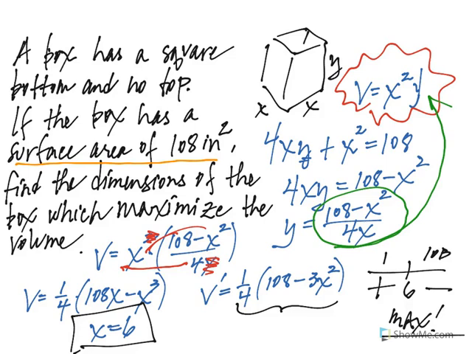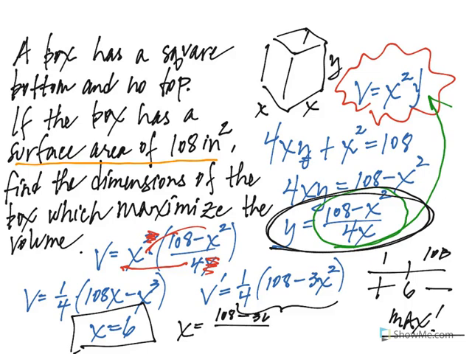Now remember, what I want to do is go back and solve for y by using the equation that I did not use calculus on. That's this thing right here. All right, so my y is equal to 108 minus, what is that, 36, all divided by 24. 108 minus 36 is 72, divided by 24.